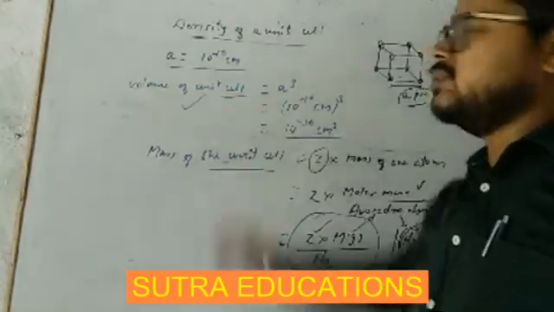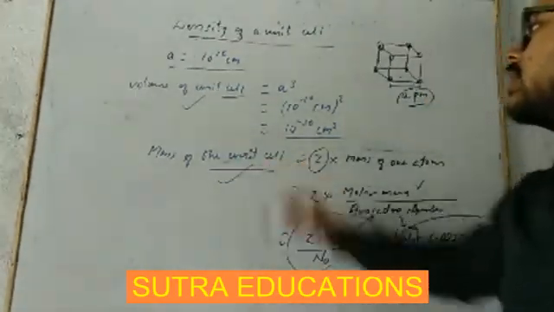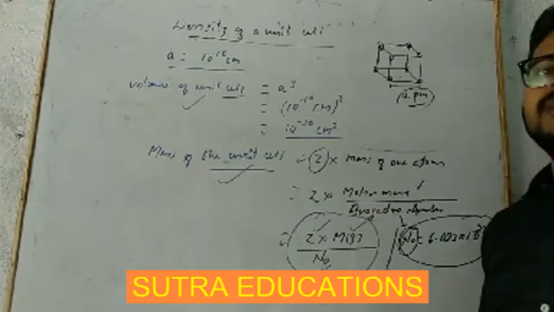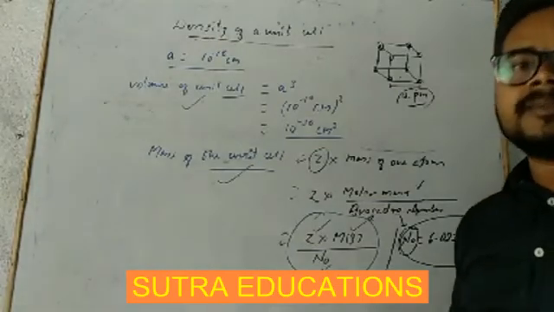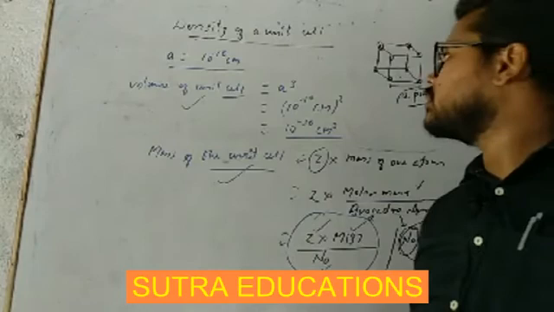So this is the volume of the unit cell and this is the mass of the unit cell. We have both of these. Now we can calculate the density of the unit cell.